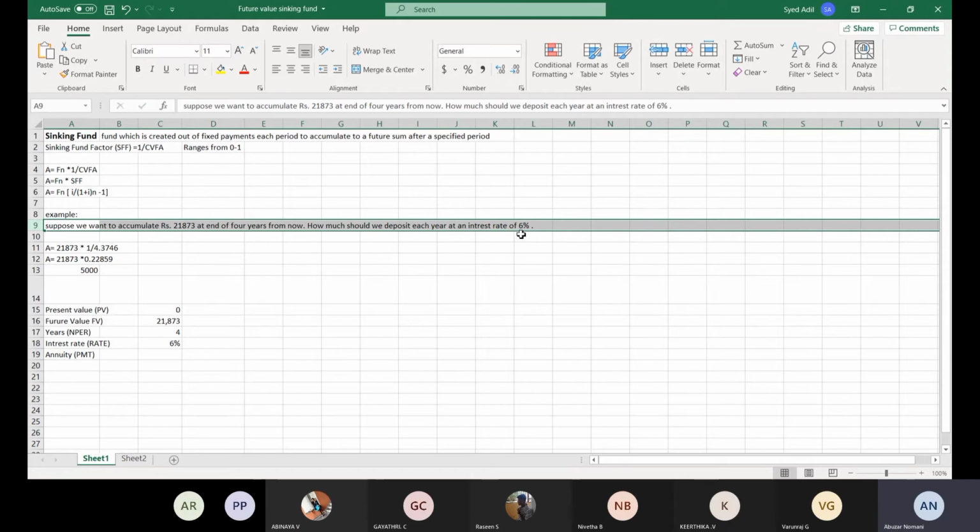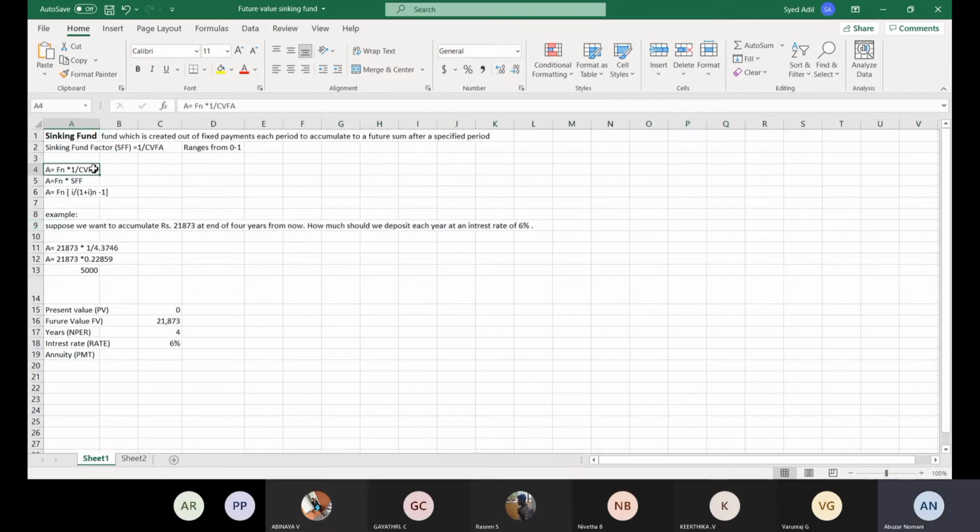We can compute the amount with the help of this formula: amount is equal to future value times 1 upon compound value factor annuity. Here we take 21,873 as the future value amount that we are going to receive.